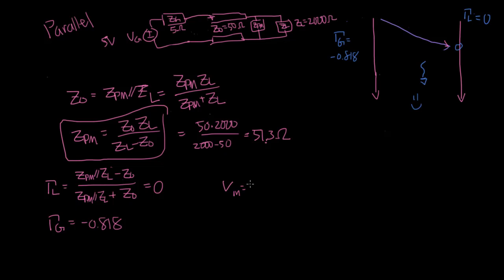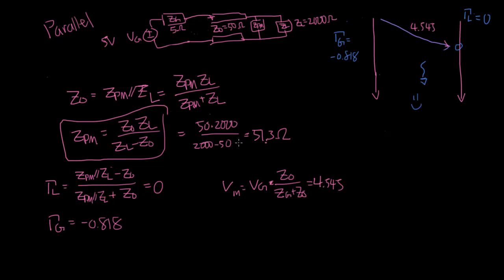So Vn is going to be the same as last time because it's the unmatched situation. So if I peek back at my notes as to what it was then, voltage divider between this 5 ohm and 50 ohm here, you end up getting 4.545. So you have 4.545 going on here, and then you're done. And then it gets there, there's no reflection, and you're done.